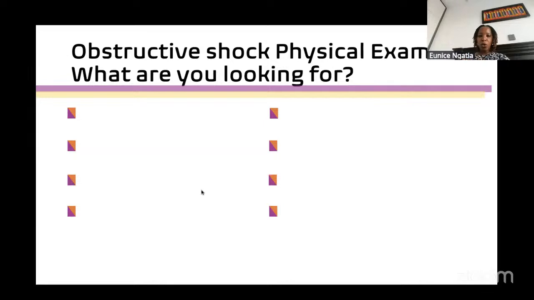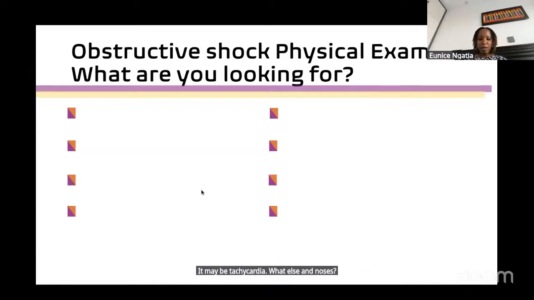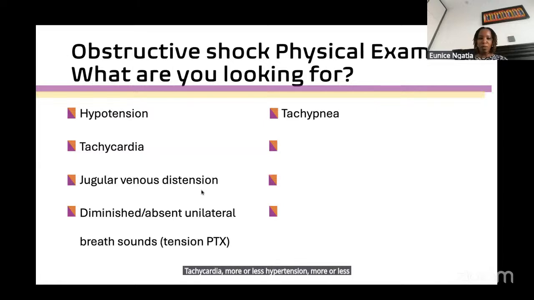Chest pain. Thank you. Raised JVD, JVP, thank you. Edema, there may be tachycardia. What else? Cyanosis, thank you. Nice answers. Swelling of both limbs, tachycardia, hypotension, more or less the same answers, but good.